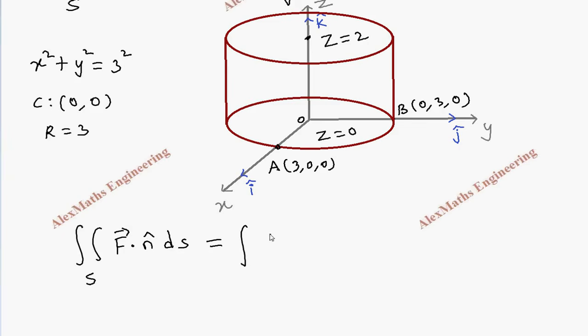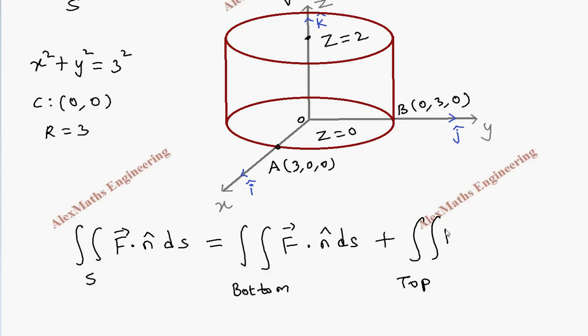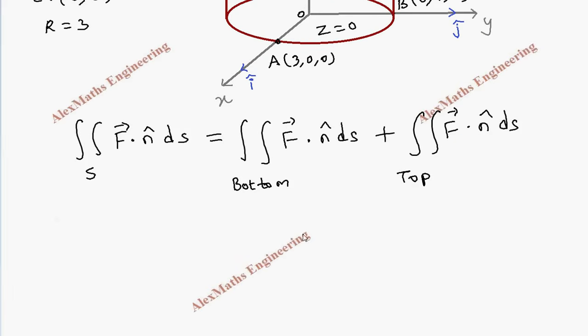One is double integral over the bottom surface f dot n cap ds, then we have double integral over the top surface, which is f dot n cap ds, then we have the curved surface surrounding the region, which is once again f vector dot n cap ds.